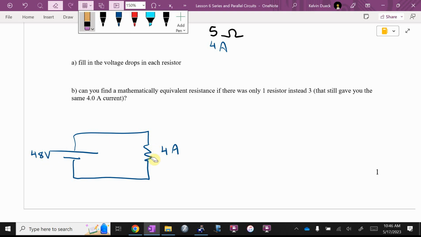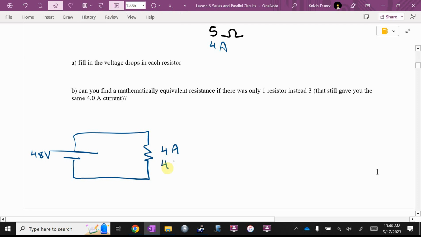How many volts must I lose going through this resistor if this got me back to here? How many ohms is that equivalent resistor? So again, all of you should be going to V equals I times R, get the R by itself. Don't be looking at me like blankly. This is Ohm's law.